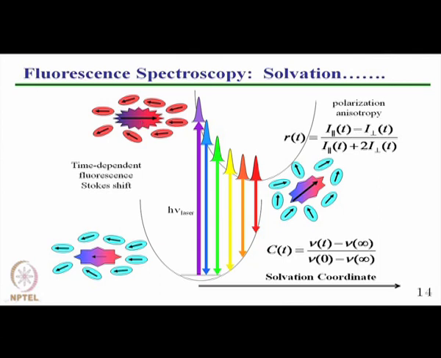Okay, so what is going to happen for that dipole? If the dipole is increased, then the system has changed its state of polarization. So the solvent dipoles will tend to reorient themselves in a manner that stabilizes the system.